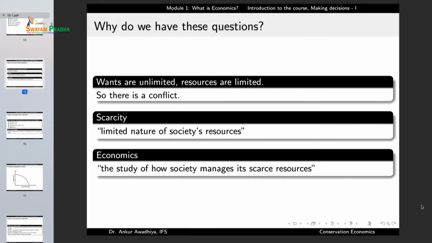The money that we have, the time that we have, the effort that we can spend, they are all limited. And when we have unlimited wants and limited resources, we have to make a choice. These choices bring us to economics, the science of how society manages its scarce resources.